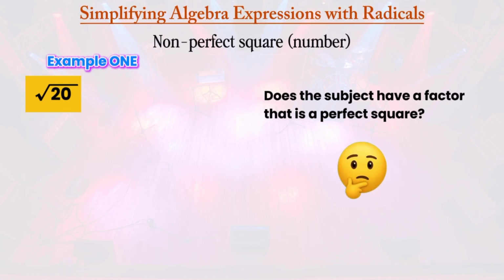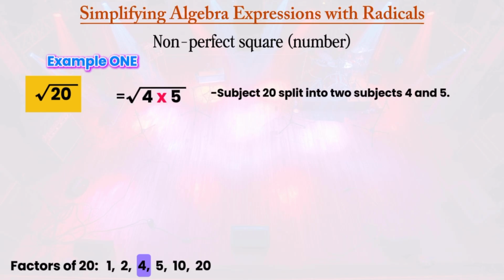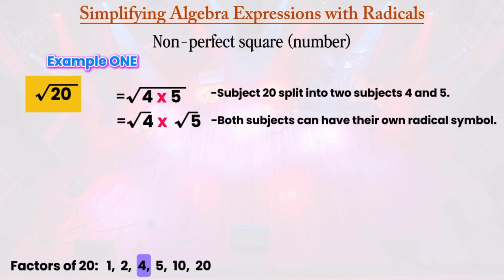So, with the number 20, here are all its factors. In this case, the factor that is a perfect square is 4. What that means is, the square root of 20 can be written as the square root of 4 times 5. We can also give the number 4 and the number 5 their own radical symbol.